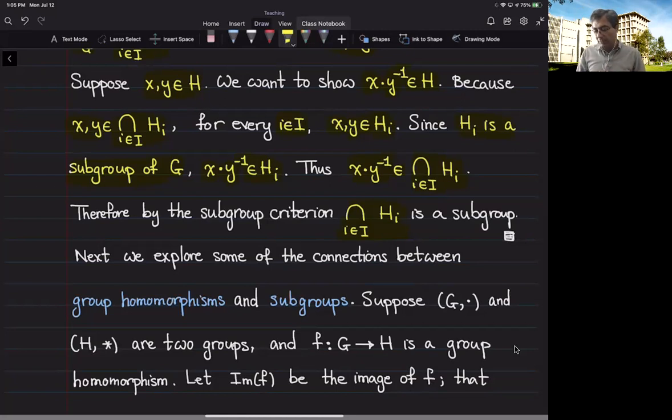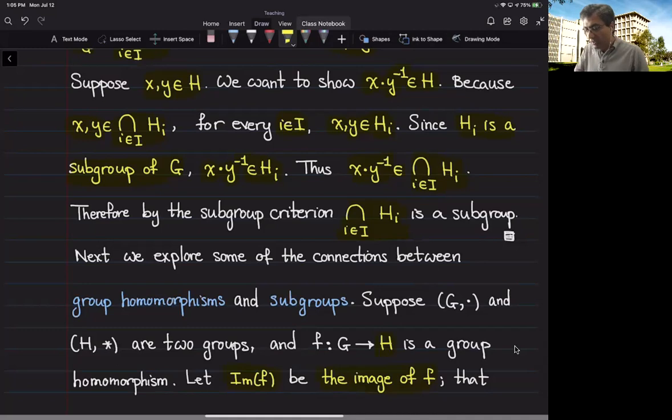So when I give you a group homomorphism f from a group G with operation dot to another group H with operation star, then the image of f, the range of f, is denoted by im f. That is the notation that we are going to use in this class. That's the image of f. That is a subset of the codomain.